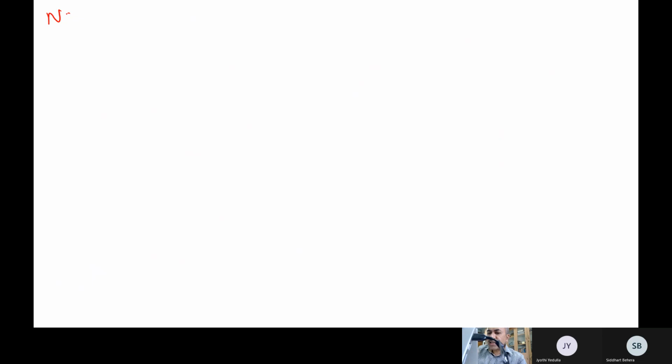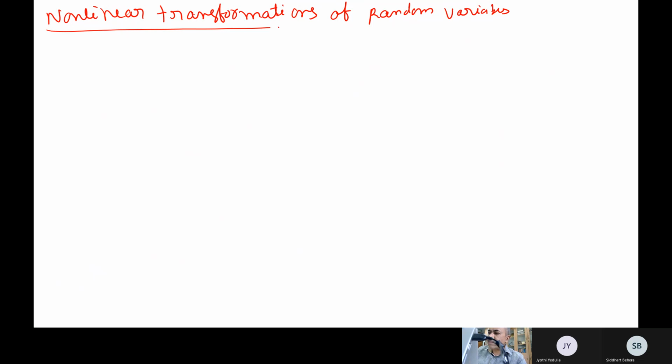Now let us see the extension, the nonlinear transformations. When there are nonlinear transformations of random variables, what will happen to the moments? Densities we have already seen, but the moments.